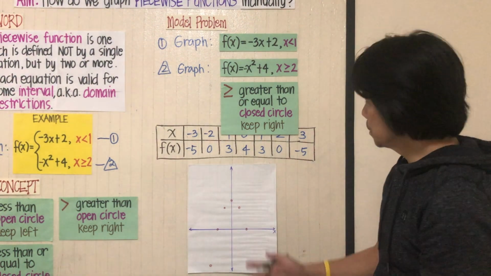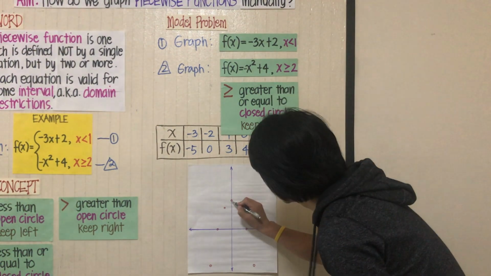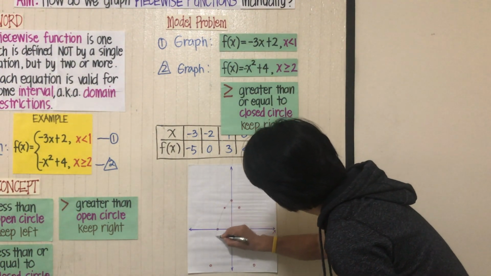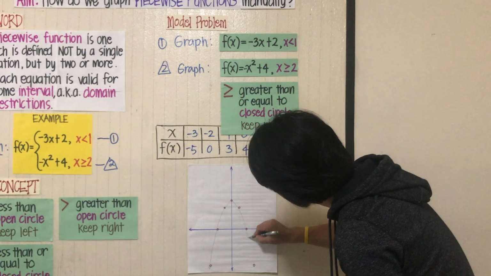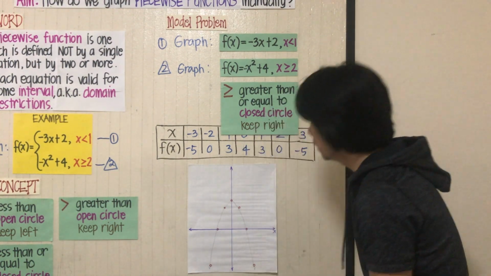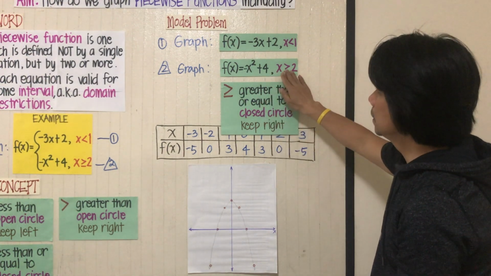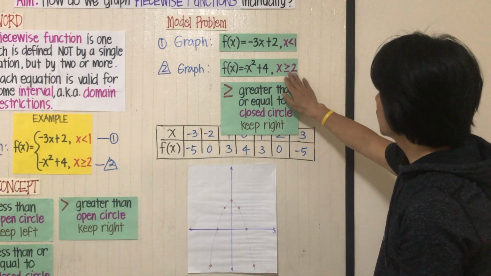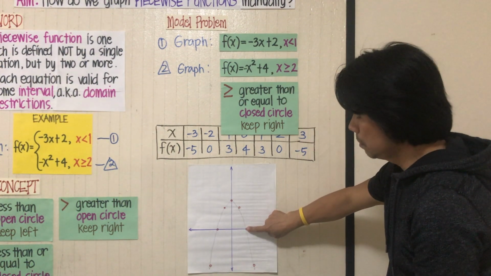Now let's try to trace the parabola. I'm going to use a pencil for now. So the parabola looks like this. But again, based on the domain restriction, x is greater than or equal to 2. This is x is 2.